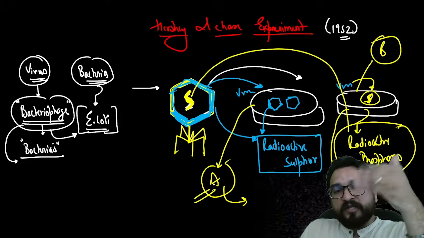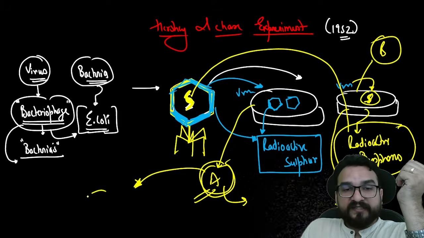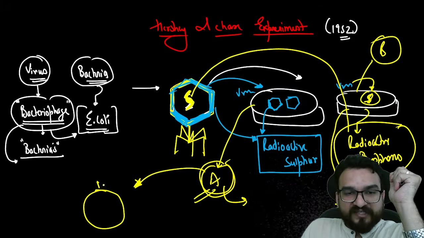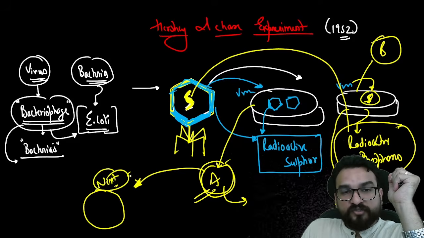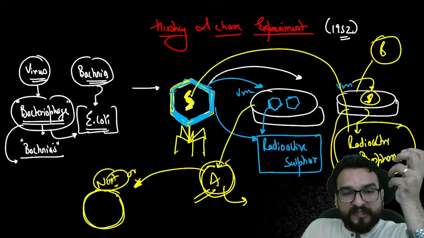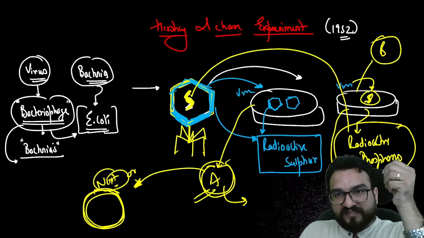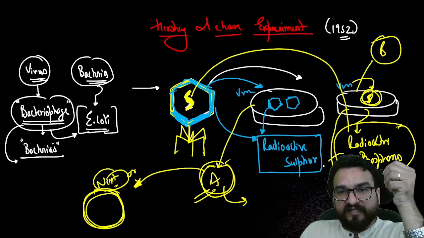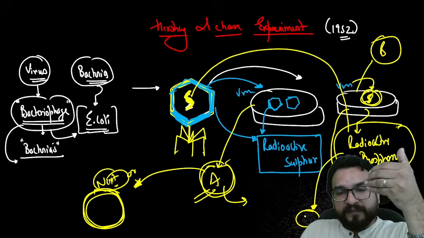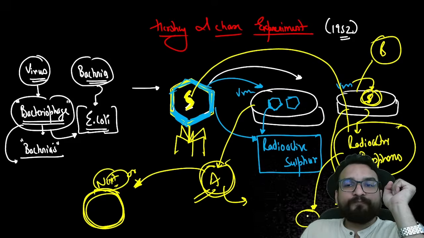Now if they reproduce, if you think this A virus is reproducing, what you will be finding, this radioactivity will be passed on to the next generation or not? The radioactive protein coat will be passed to the next generation or not? What do you think? Whereas this radioactive DNA which we have made, if we reproduce it, will they be passing this radioactive DNA to the further generation or not?